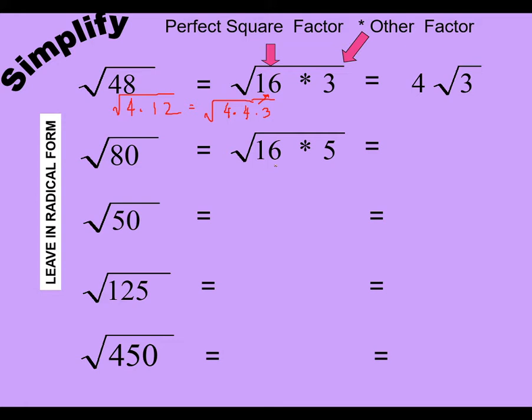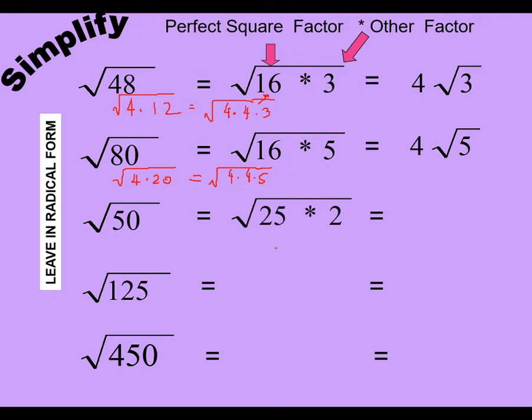How about square root of 80? So, we come up with 16 times 5. Again, that is 4 times 20. Yan. Na si 20 ay 4 times 5. Kaya nag-come up pa din with 16 times 5, and that is equivalent to 4 square root of 5.